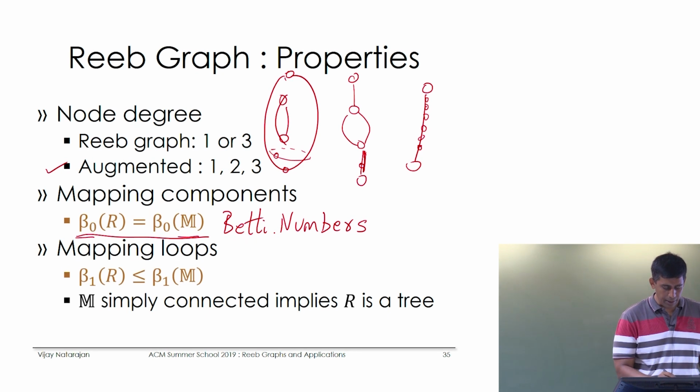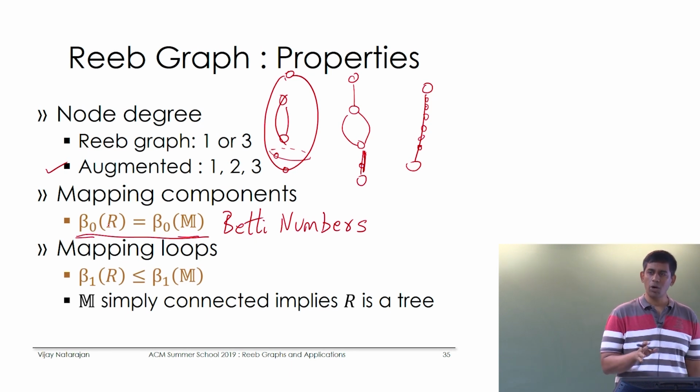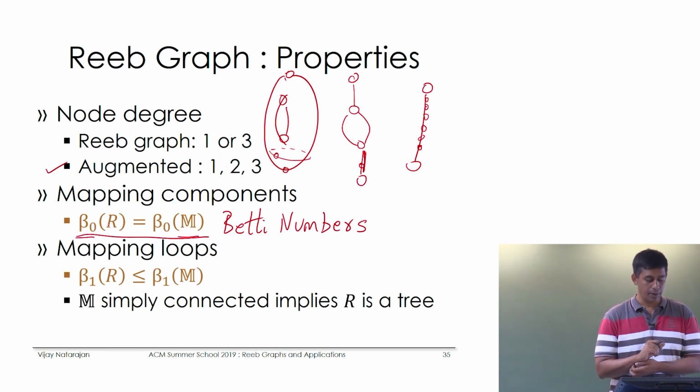So this is more or less direct, because it follows from the definition. The number of connected components is preserved.